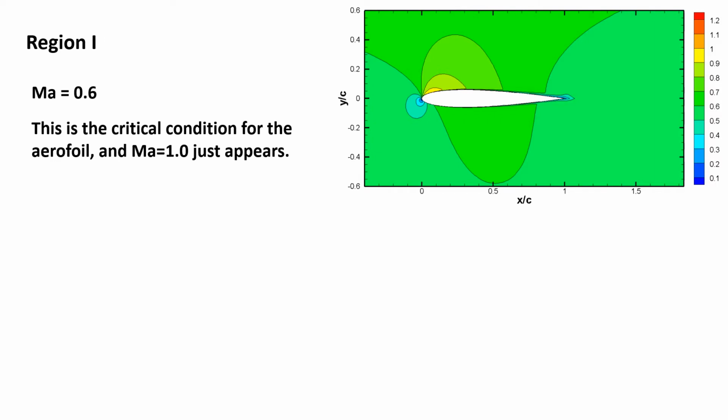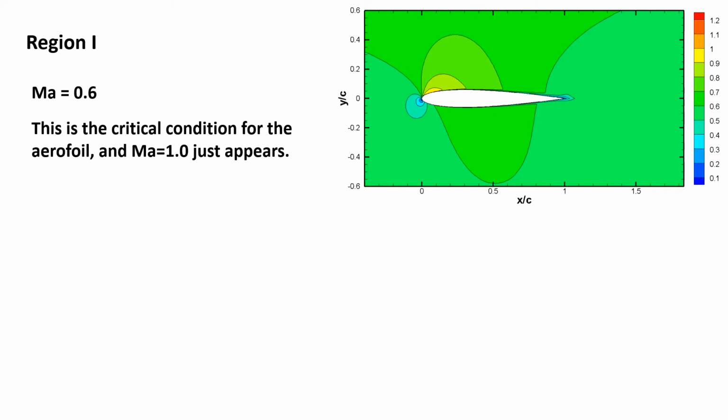You may wonder, how do we determine the critical Mach number in the simulation data? For example, you can check maybe 0.5, if you don't know 0.6 at the beginning. We see the flow field, and the Mach number over the surface is all below 1. We gradually increase the Mach number to 0.58, and it's still all subsonic.